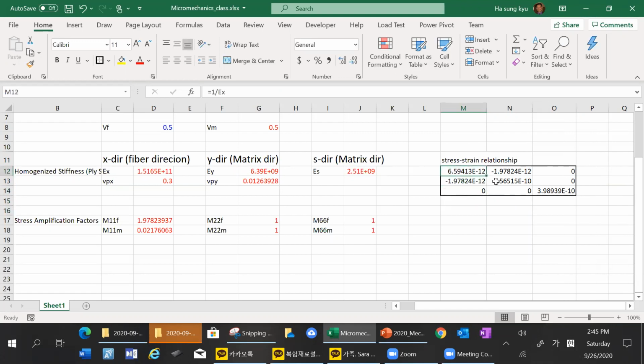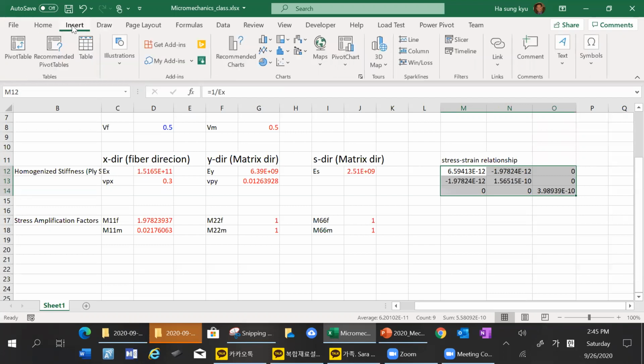Okay, I will show the equations, which we will define in next class.